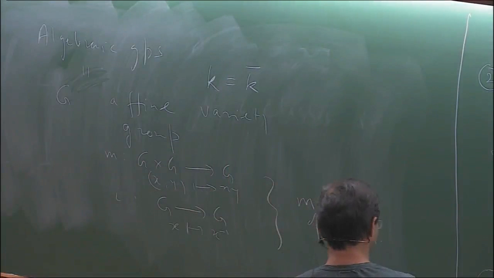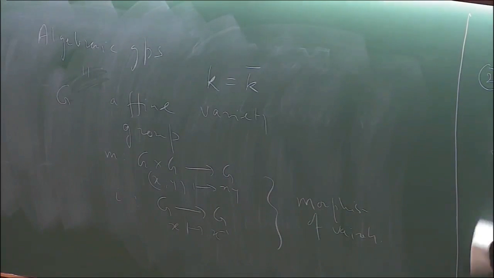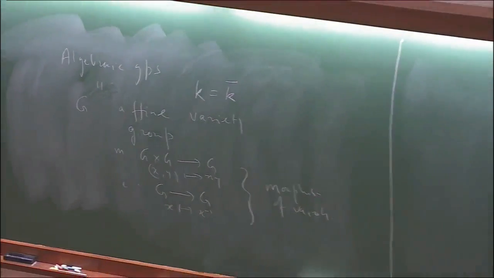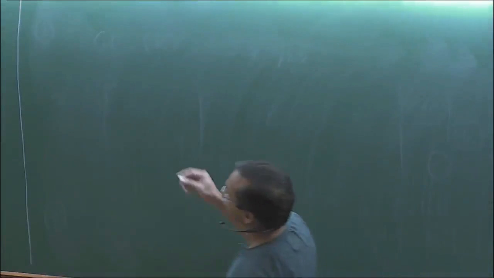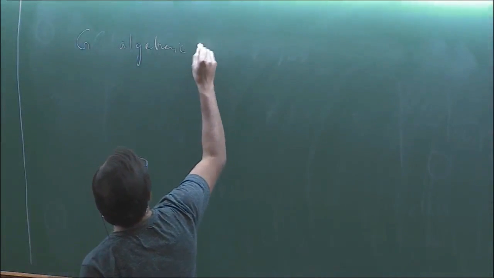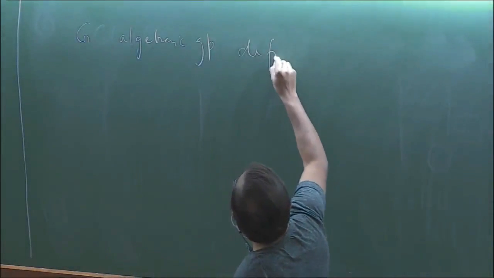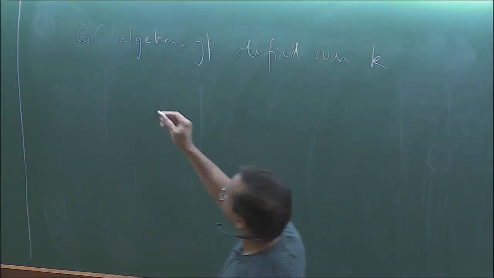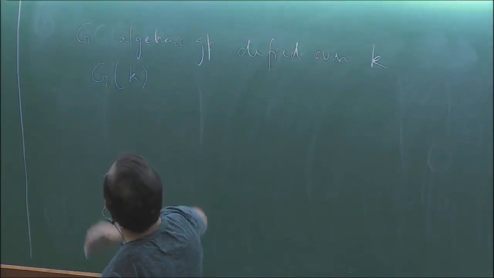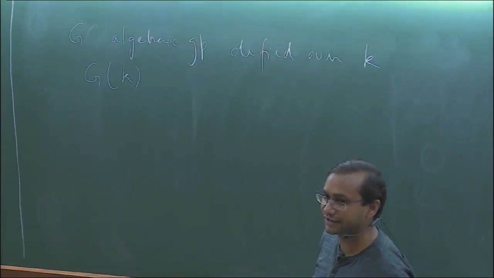And there is a more general notion of groups defined over any field K. So I will have an algebraic group G defined over a more general field K, where K need not be algebraically closed, and I have its K-points, which is denoted G(K).